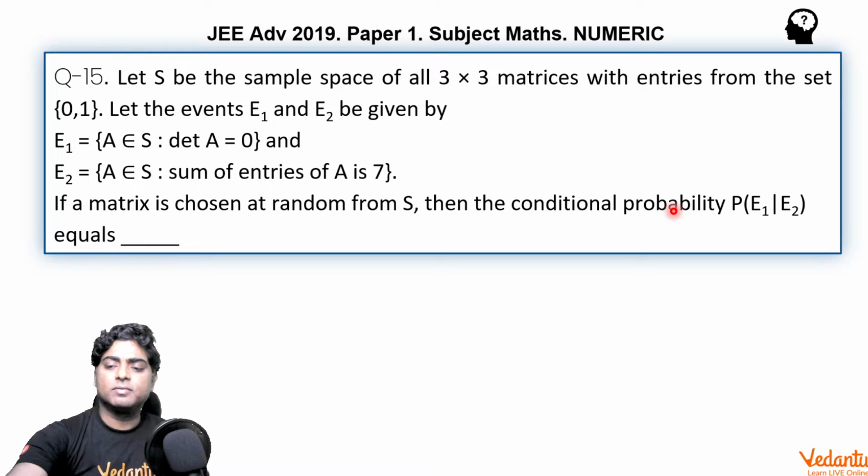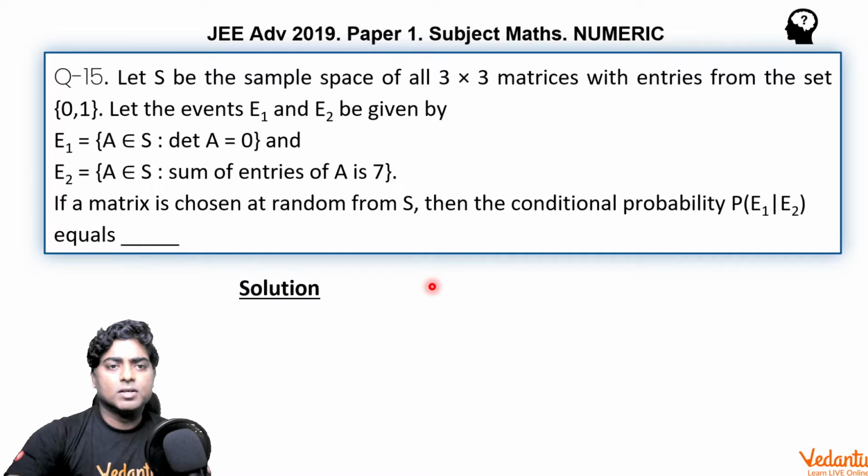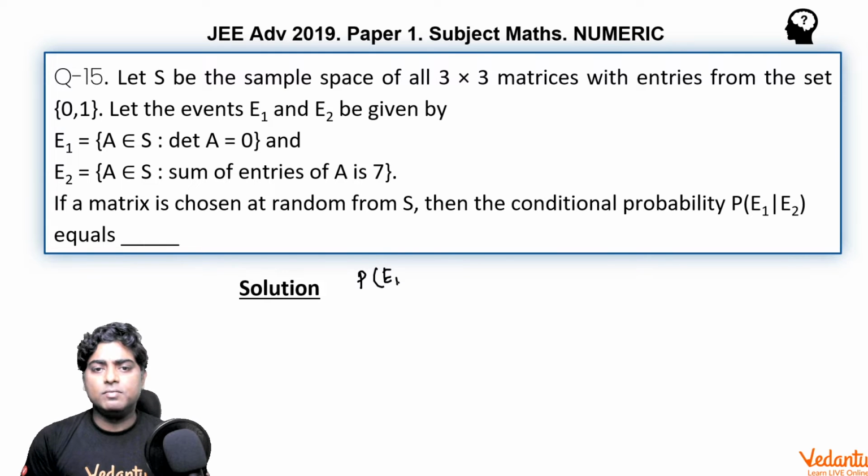Let's see how we can solve this question easily. We need to see E1 and E2 carefully. So here, coming to the final probability that we have to find, P of E1 given E2, I can write n of E1 intersection E2 divided by n of E2.